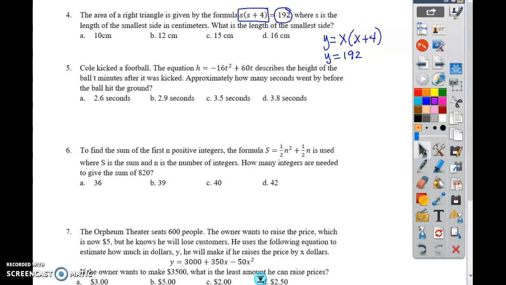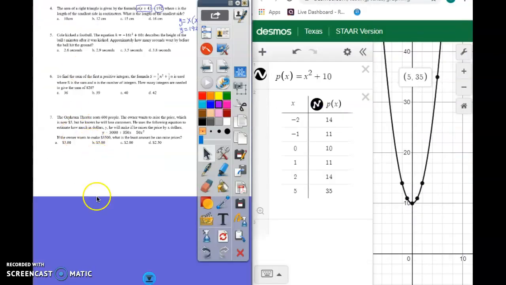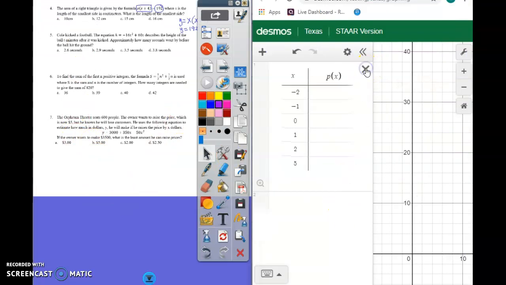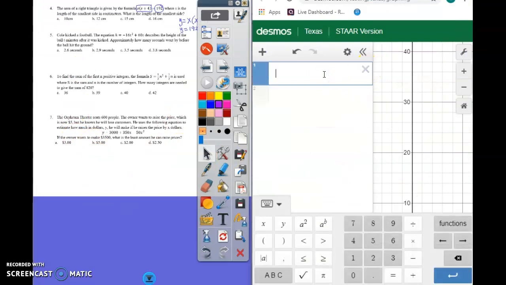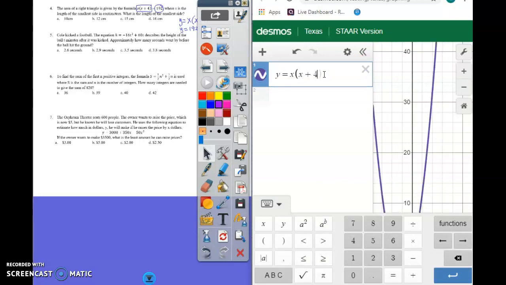So pause the video, go put those in Desmos, and let's see what you get. Y equals X parentheses X plus 4, close parentheses, and Y equals 192.